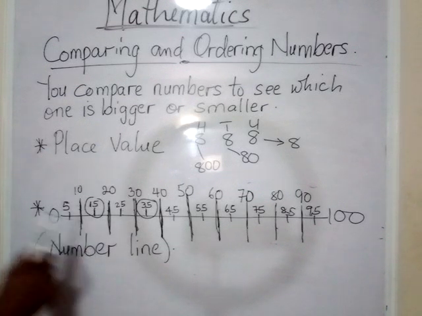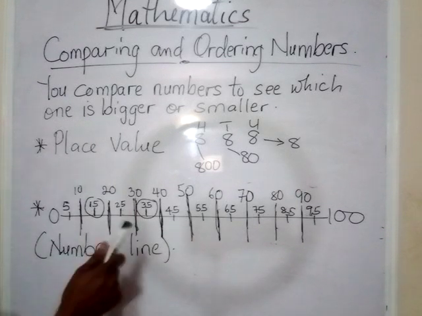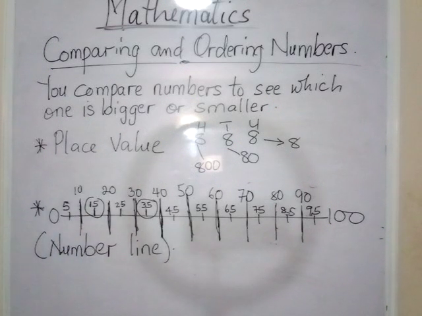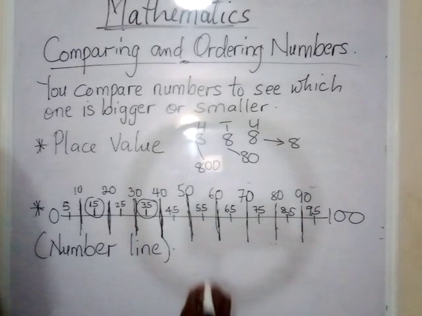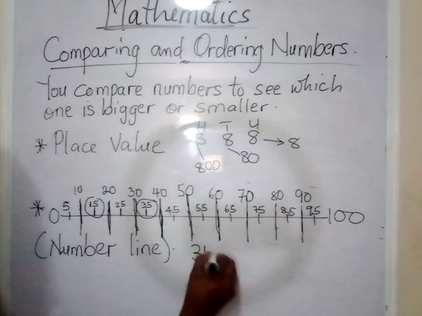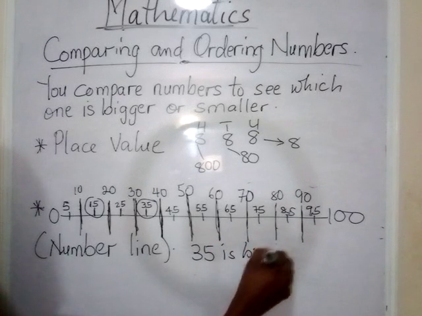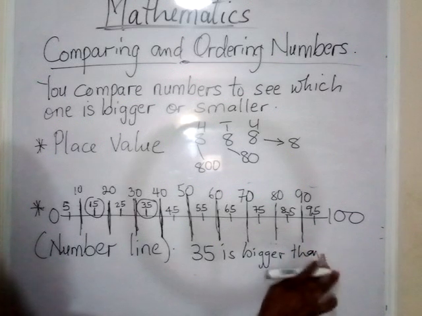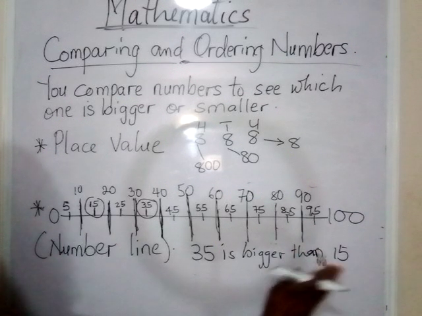Which of these two numbers is closer to 100? Remember, we're looking for the bigger number. You can see that 35 is closer to 100. That means 35 is bigger than 15.